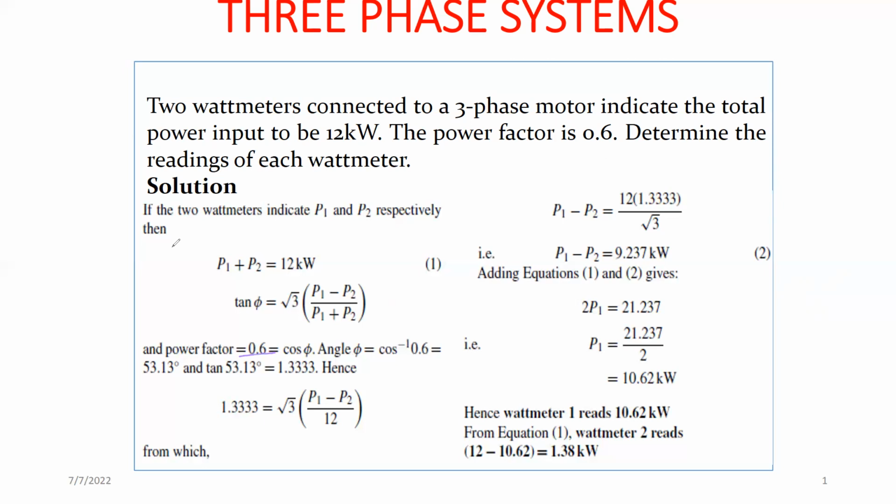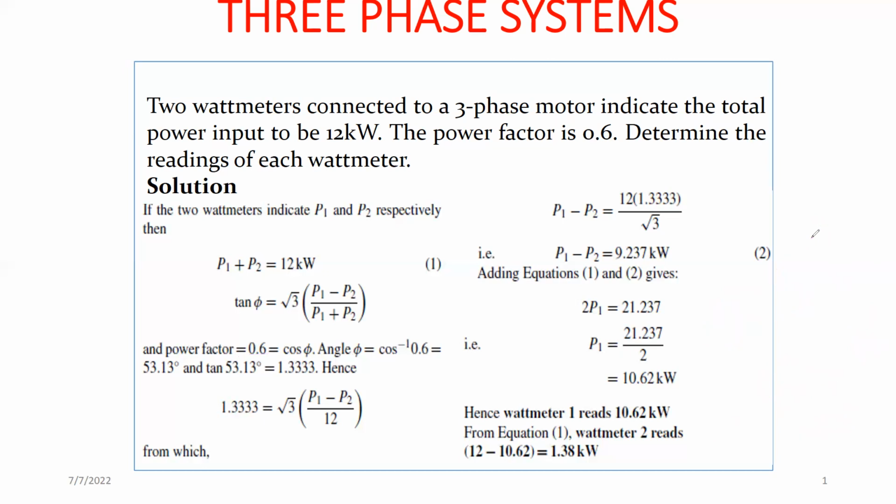So to find our angle phi, it is the cos inverse of 0.6, which gives you 53.13 degrees from our calculators. That is our phi.